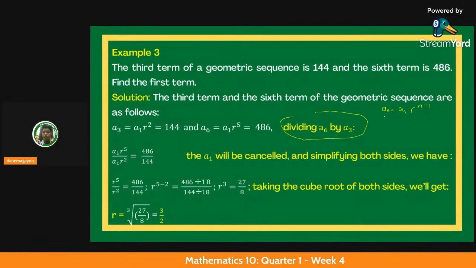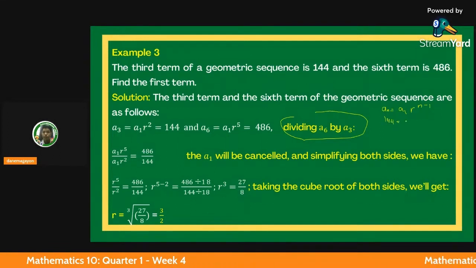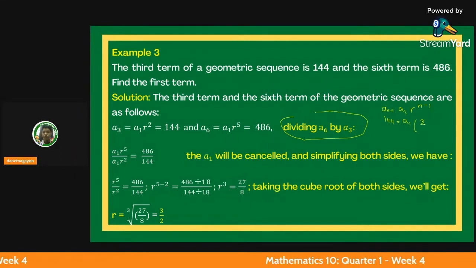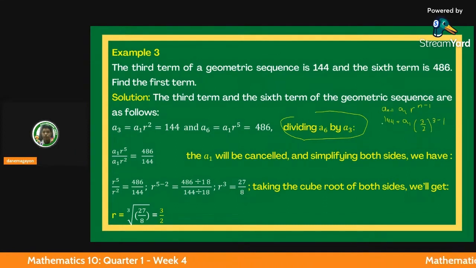We used a sub 3, so we have 144 equals a sub 1, and then 3 halves raised to 3 minus 1. This is what we used. Again, we will use a sub 3.